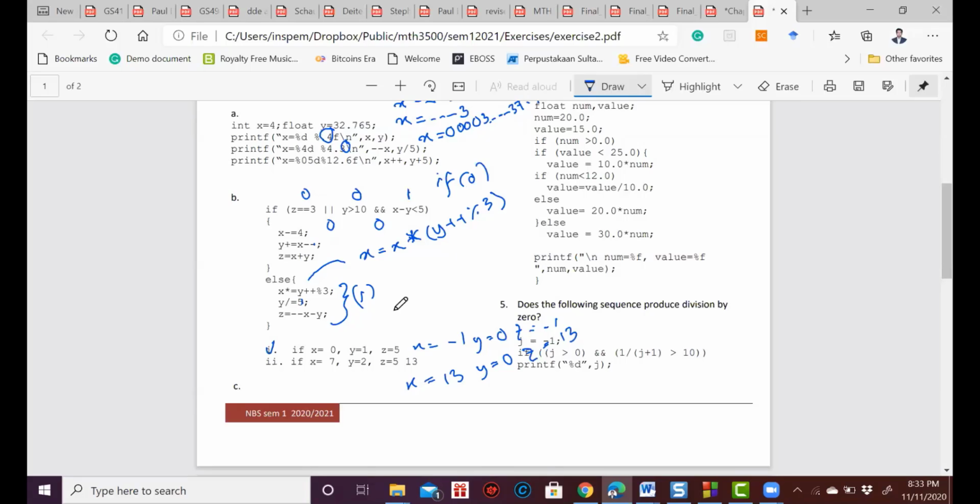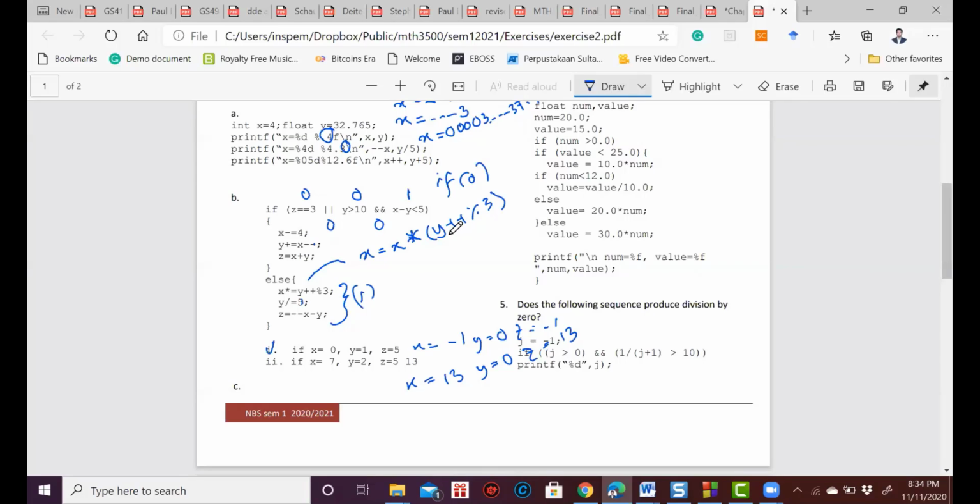Now we calculate the bracket first. So y plus plus and modulo, which one is the first operator? I think y plus plus first. Now, y is 1. So 1 plus plus, what is the value?